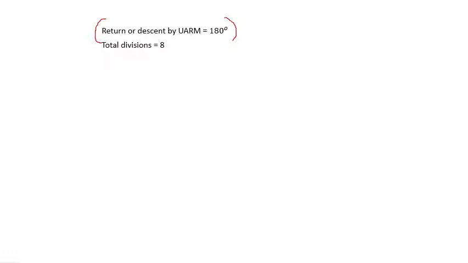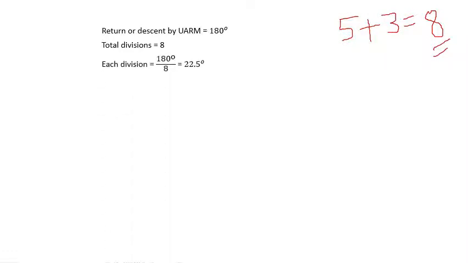Okay. So here we have to divide the outstroke and return stroke into 8 divisions. Why? Because in the problem itself it is given 5 times acceleration and 3 times retardation. So if I divide this return stroke into 8 divisions, 180 divided by 8, each division becomes 22.5 degree.